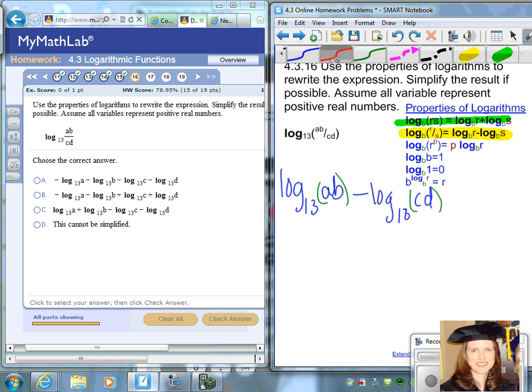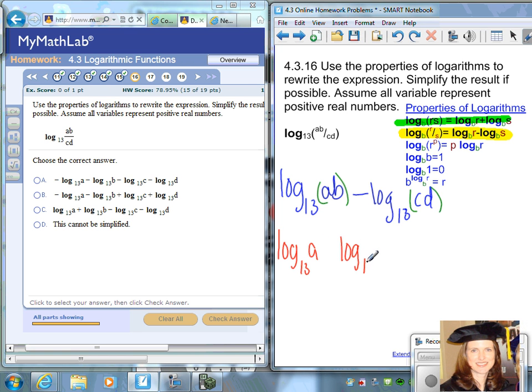To write this as log base 13 of A and log base 13 of B with a plus sign in between. Minus, I'm going to put this part in parentheses, log base 13 of C and log base 13 of D. Since it's the first property, we put a plus sign in between it.